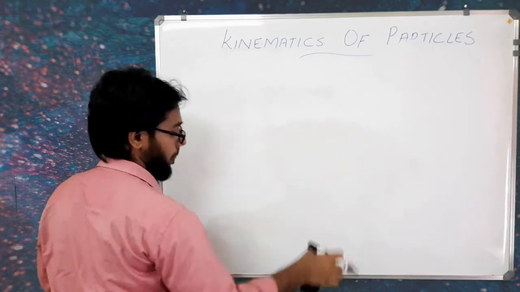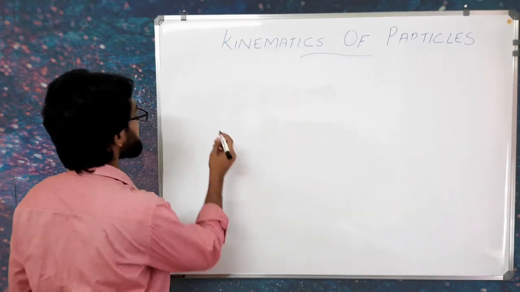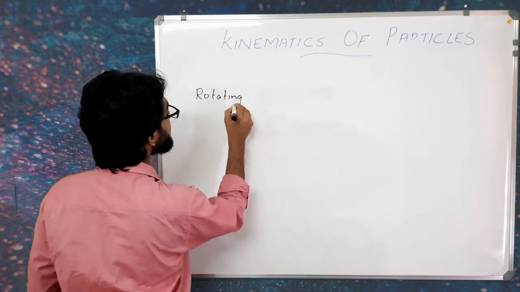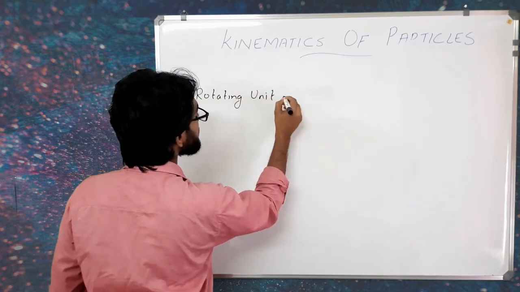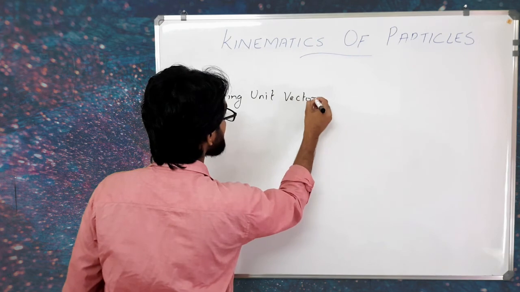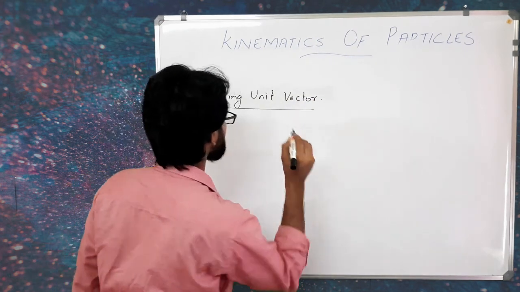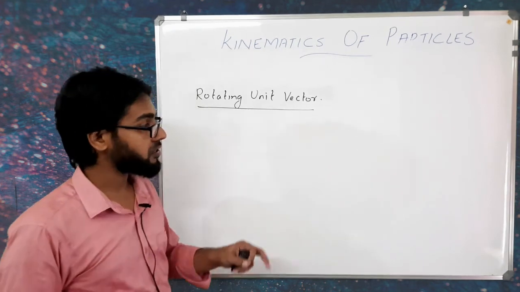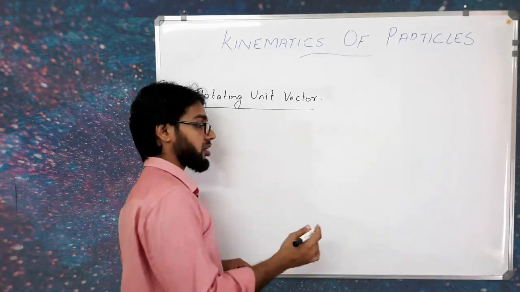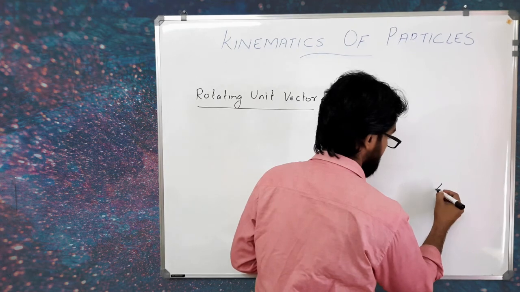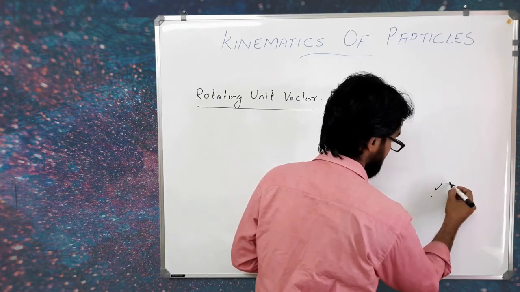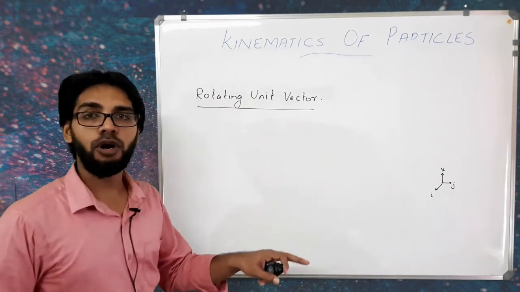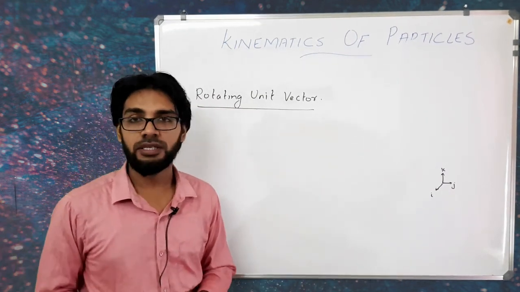Moving on to the next topic, rotating unit vector. As you see, the directions of the unit vectors along the Cartesian coordinate system, that is i, j and k, are constant.